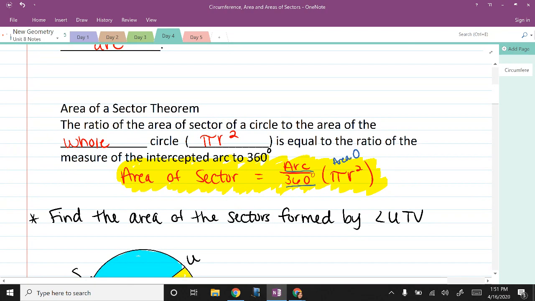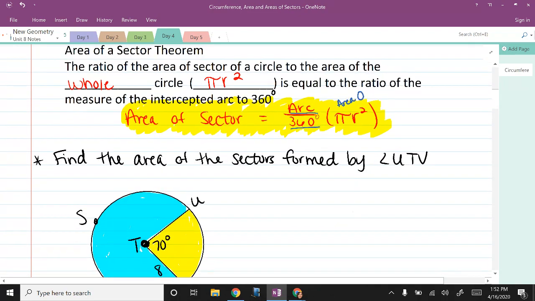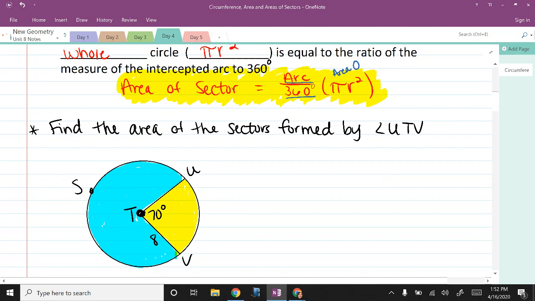Okay. So we're going to just see some examples here. It says find the area of the sectors formed by angle UTV. Okay, so UTV right here. So I've got a yellow sector and a blue sector. Hopefully y'all aren't colorblind. But the inside sector, the small sector, that angle measure is 70 degrees. So that means the arc measure, its intercepted arc, is also 70 degrees, because that is a central angle, because it is connected at the center. So if it's connected at the center, then that's going to be the same thing as the intercepted arc that it makes.